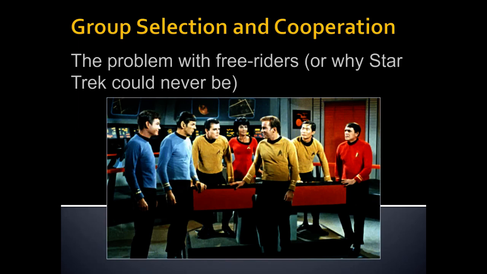So the only way these cooperative societies can persist is if there's some sort of reinforcement or a check against free riders. In our human society, we do this by a number of methods. We provide incentives for people to spend their time and energy and effort. If you go to school for 4 years as an undergraduate and then 4 years of medical school, the promise is that you'll get substantial rewards.